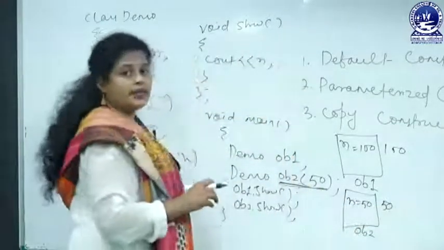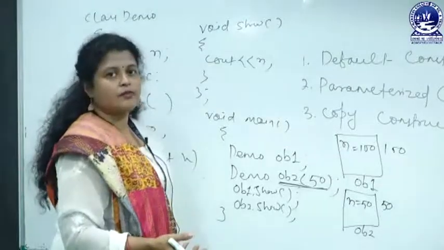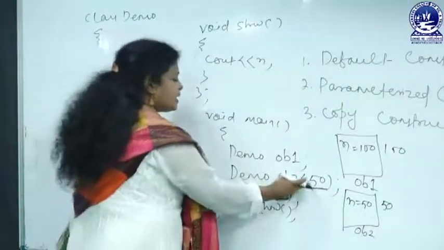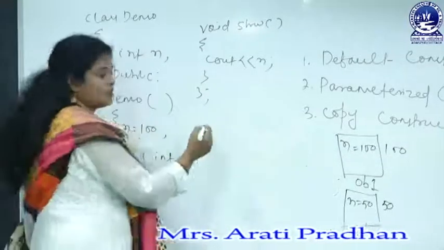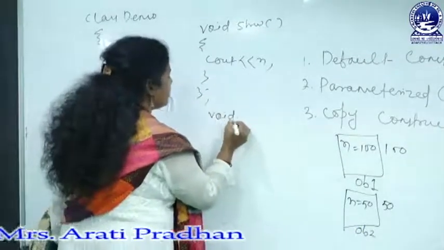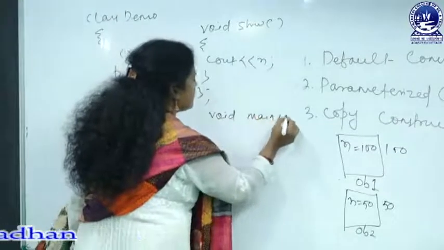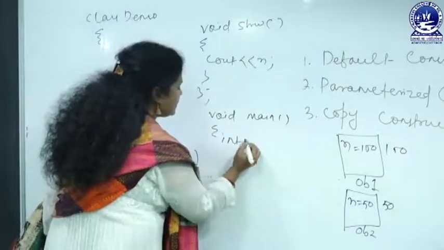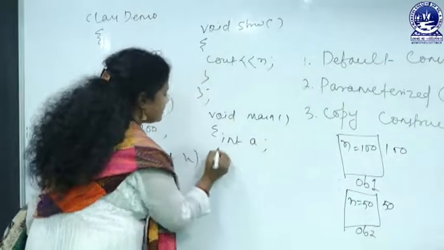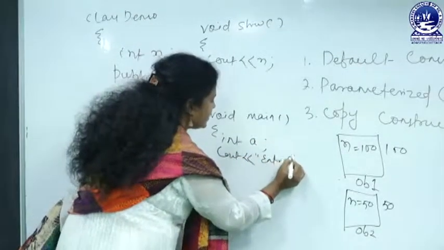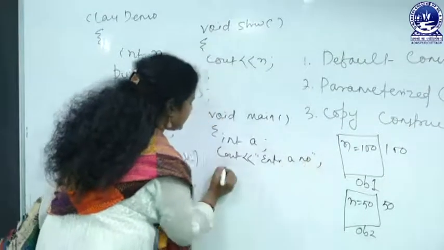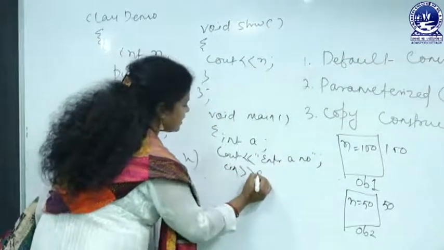Here I also want to add some more points. I am passing 50 directly here, but you may pass an argument also. Suppose in the void main method, I have used one integer a, then I write cout enter a number, then you may enter any number, cin a.